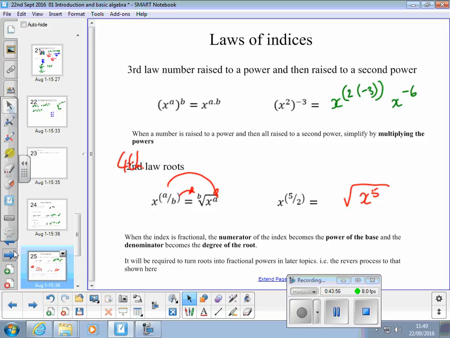So all of this is a two-way thing. We can go one way or the other, and that's particularly relevant to this law. It will be required to turn roots into fractional powers in later topics, i.e. the reverse process to that shown here. So that one in particular you're going to need to get used to going backwards and forwards.